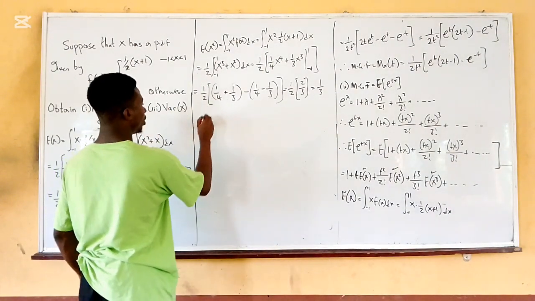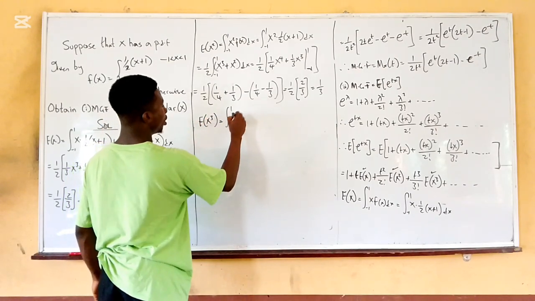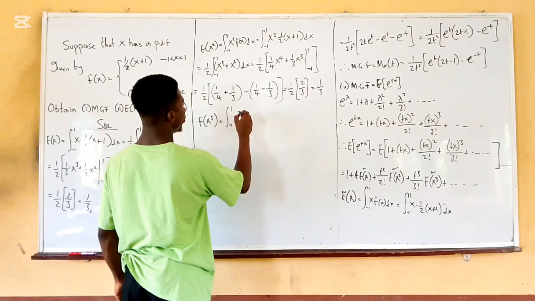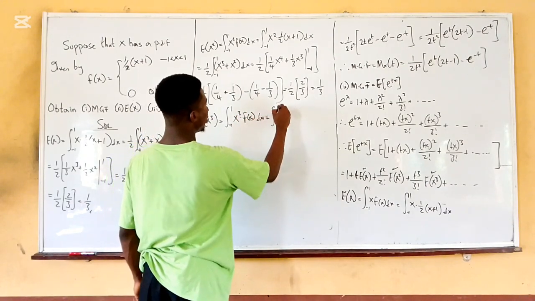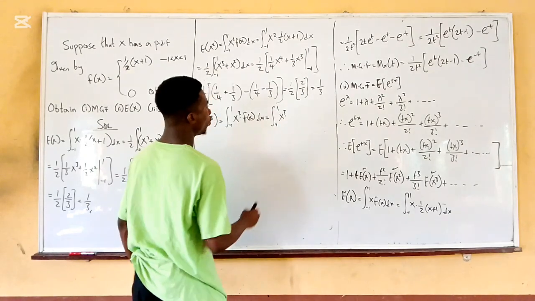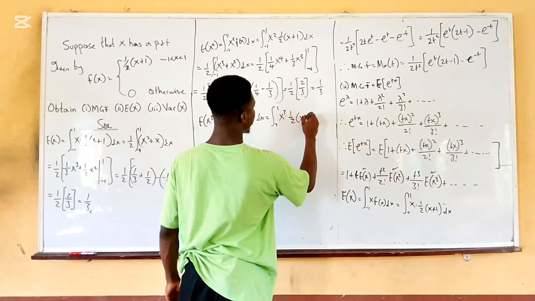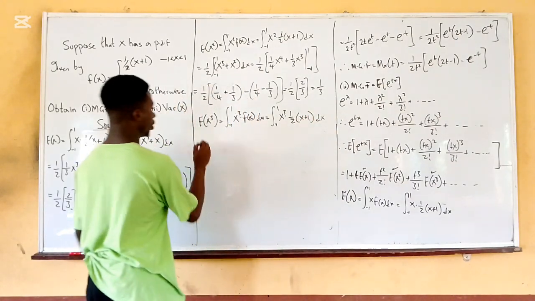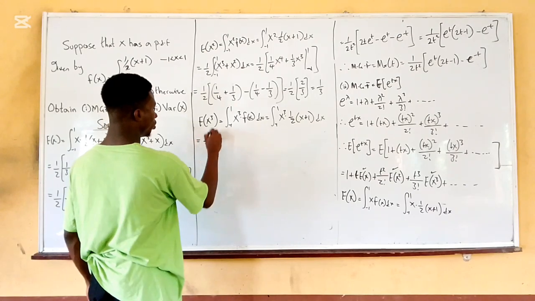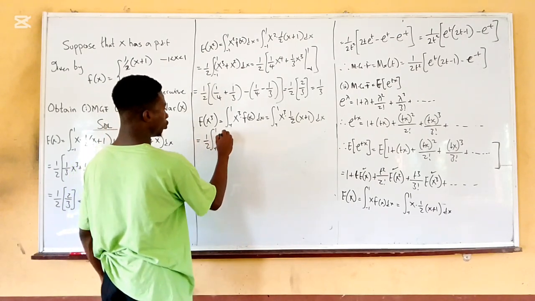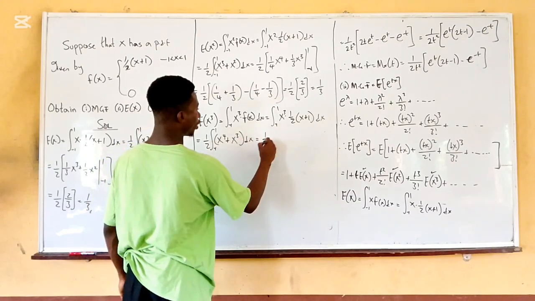Now I'm going to do expectation of X raised to power 3. That will be the integral from -1 to 1 of x³ f(x) dx, which is the integral of x³ times (1/2)(x + 1) dx, which is 1/2 times the integral from -1 to 1 of (x⁴ + x³) dx.